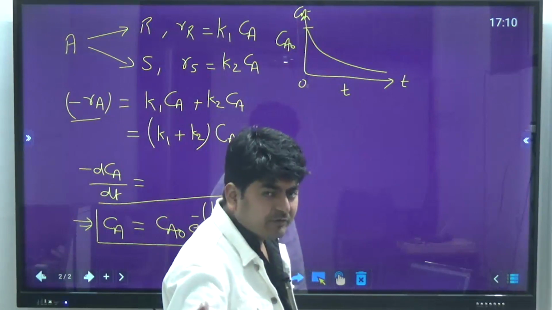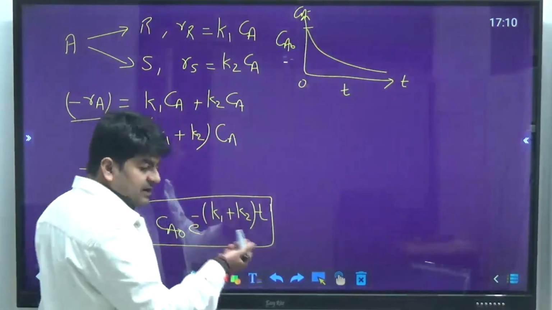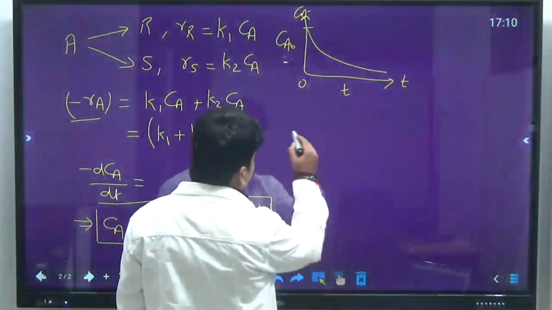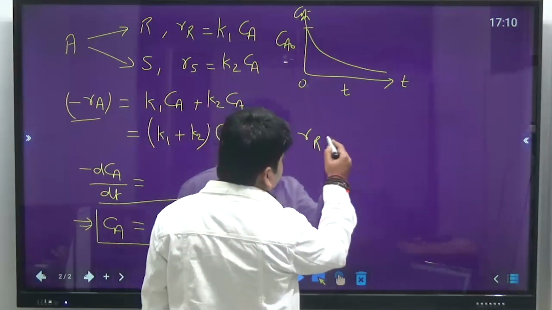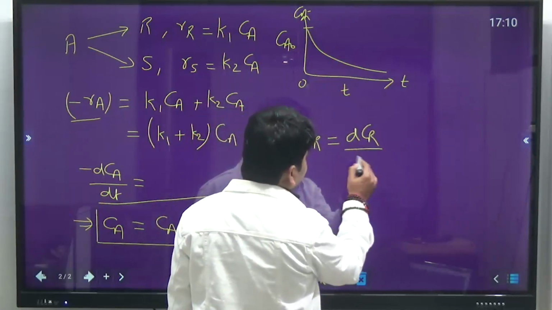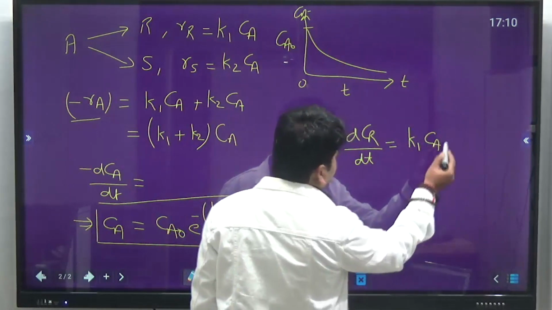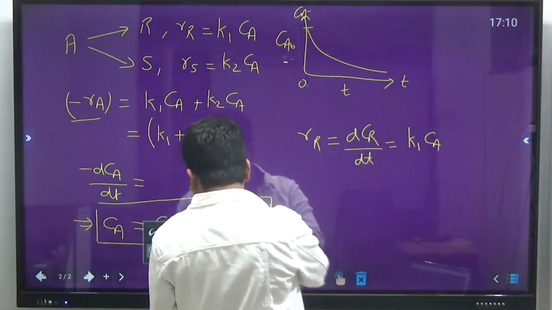Now next, if I want to know the concentration profile of R and S, or you can say the kinetic equation in terms of R and S, that also you can do. For a constant volume reaction system, we know that r_R can be written as dCr by dt, that is K1 Ca.